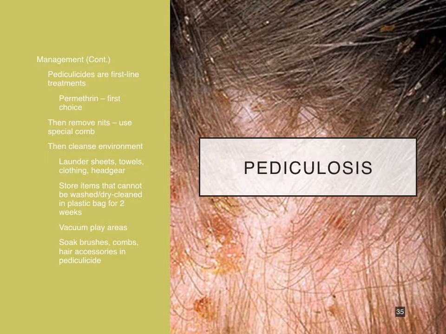This picture is a pretty good picture of head lice. If you look above where the word pediculosis is, you can see those little clear, small, almost sesame seed type things on the hair shaft. As the hair grows, they get further and further away from the scalp, and they stick to the hair.